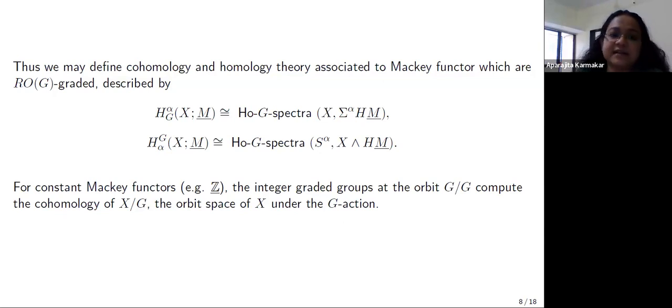For constant Mackey functors, the integer graded groups at the orbit G mod G compute the cohomology of X mod G. So for constant Mackey functors, things become a little easier. X mod G is the orbit space of X under the G action.